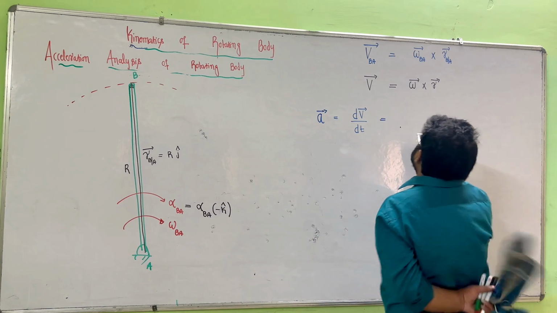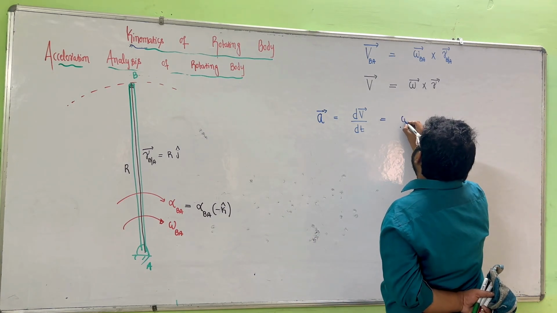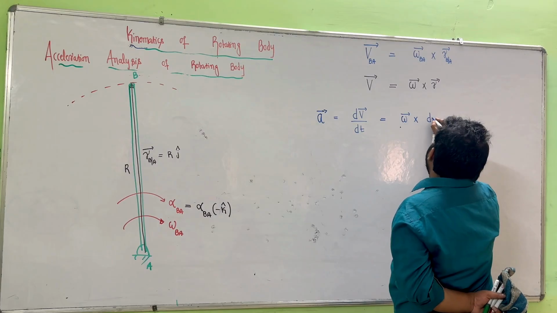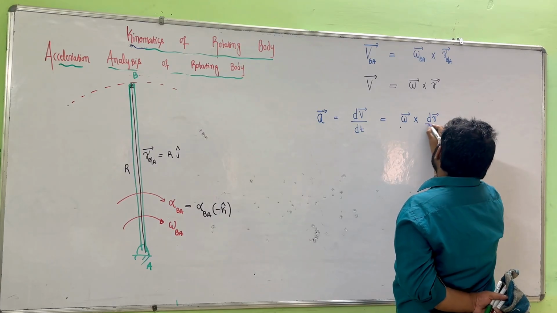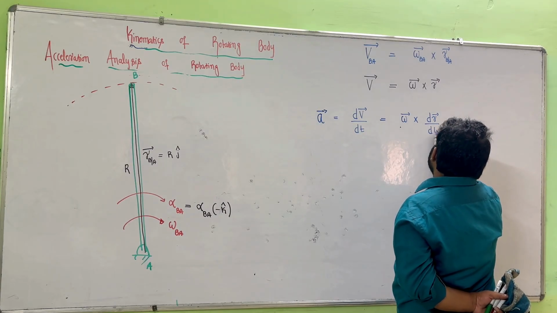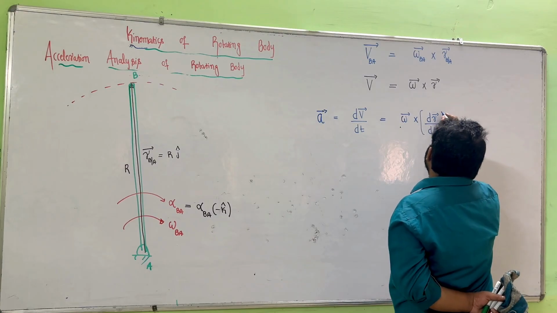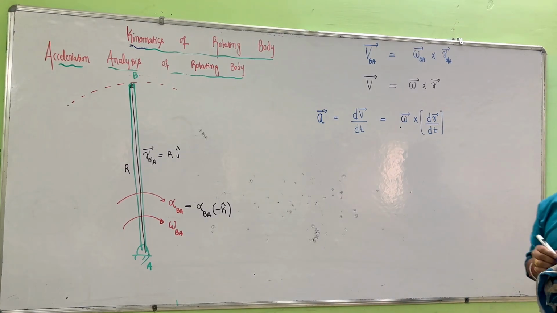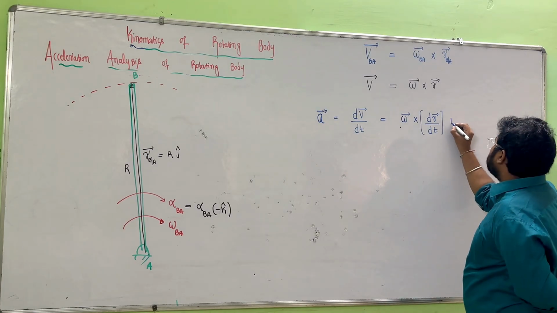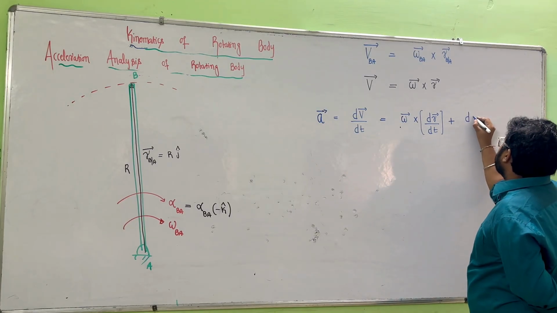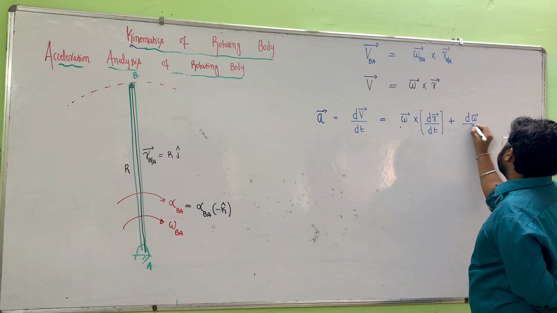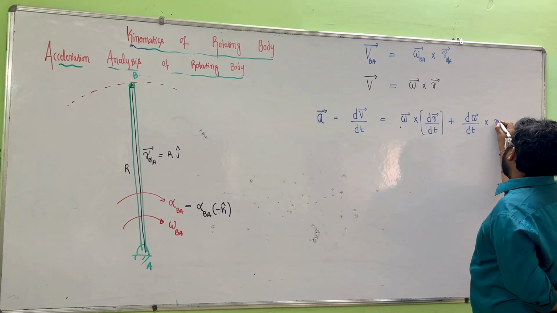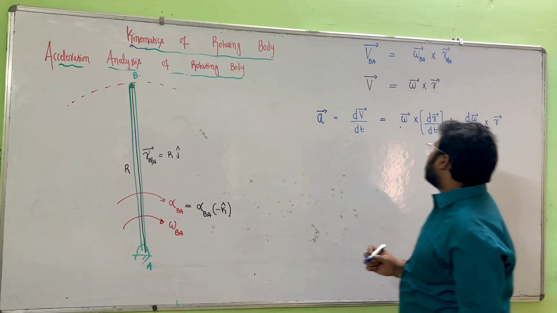UV rule. So here, omega bar cross dr bar by dt, this is a vector cross product, plus d omega bar by dt crossed with r bar.